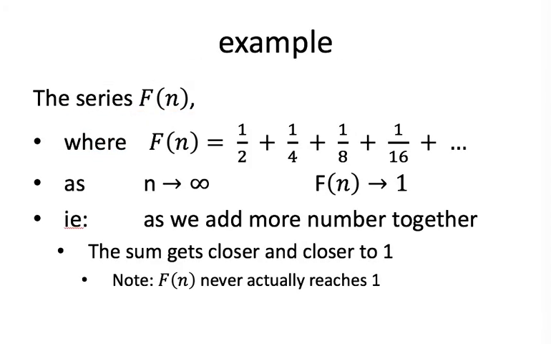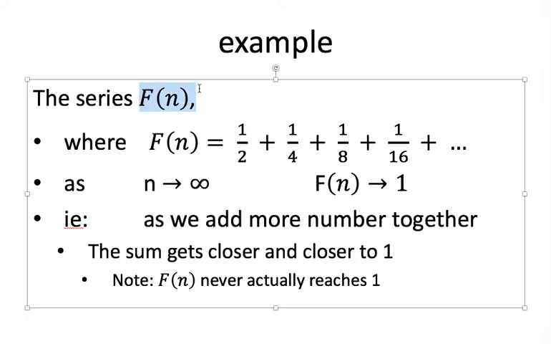Let's use that same sequence from before, and let's just use it as a series. So capital F of n, we're going to define it as the series 1/2 plus 1/4 plus 1/8 plus 1/16, etc. And here, as n goes towards infinity, our sum, capital F of n, will go towards 1.